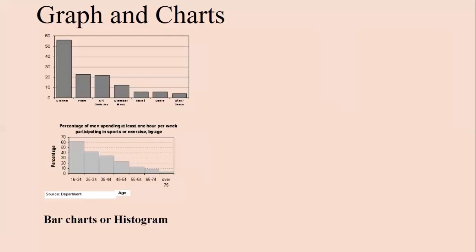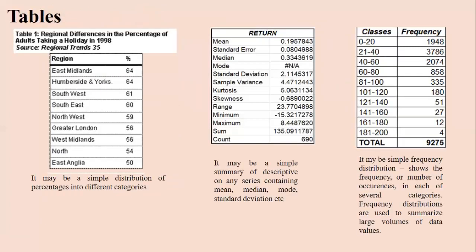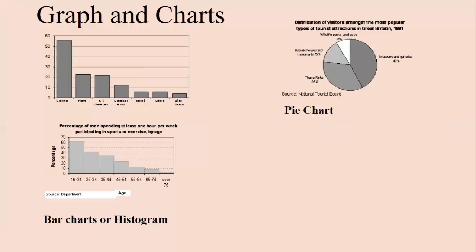It may be a bar chart or histogram, as with the data we showed in the last slide, or it may be a pie chart, where we distribute percentages over the area of a circle.